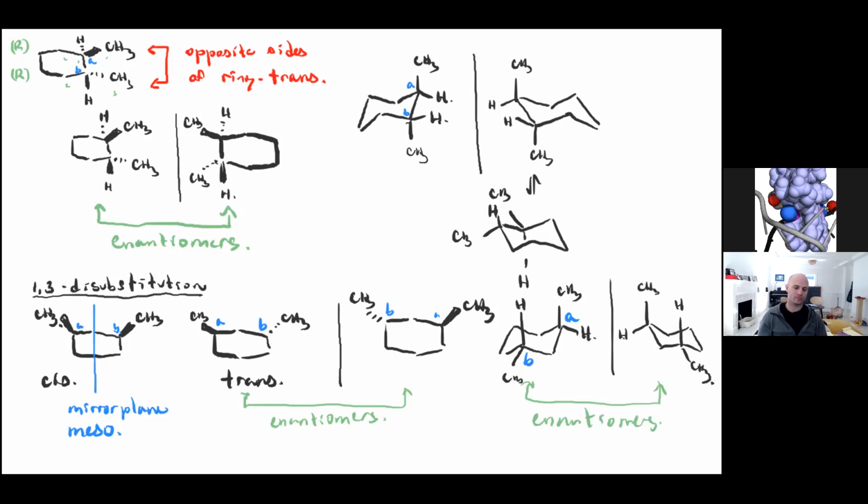Okay. And so the last possibility is 1,4 disubstitution. So we can have, again, two stereoisomers here.